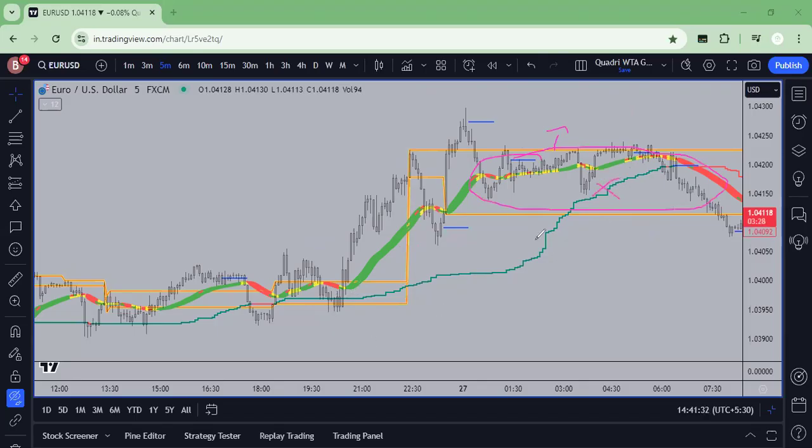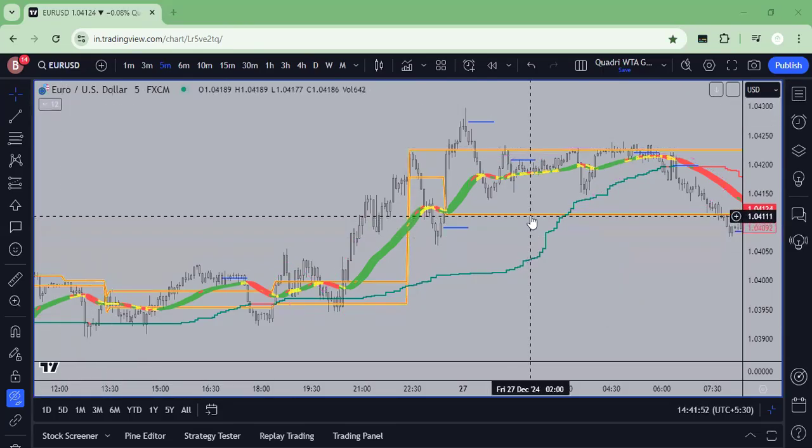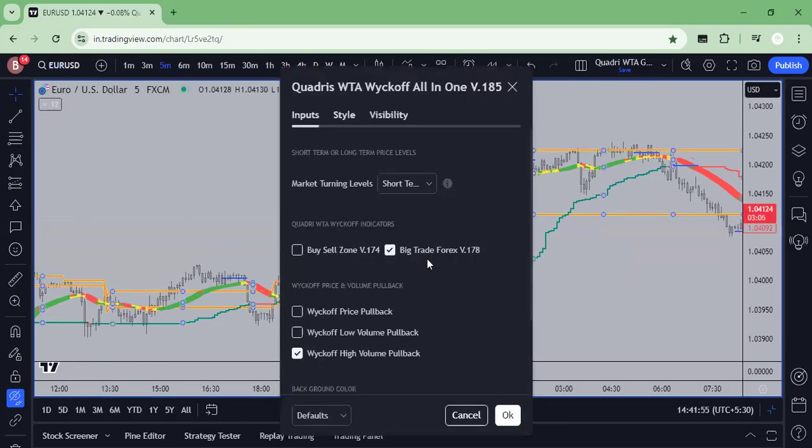Now, how to initiate a buy? Once we have a pullback, we would initiate a buy opportunity. Once we have a pullback toward the downward side, we would consider it a selling opportunity. Having said that, the purpose of the buy sell zone is over.